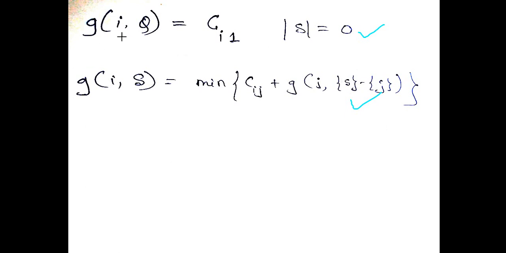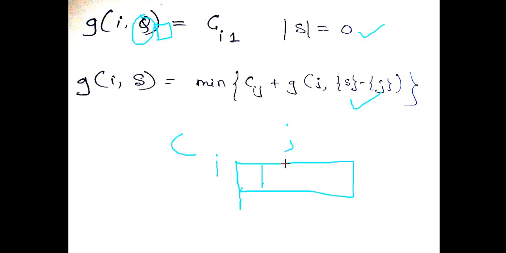Only in this problem you have to use these two formulas. One is g of I comma phi. This is called phi. It can be represented like this, or phi means nothing. I repeat, phi means nothing. Okay. I is what? I already told. C is cost.